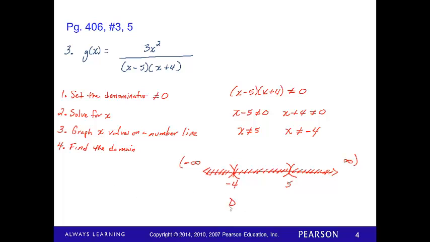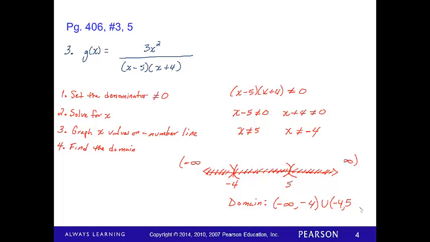Which means the domain of this function, if we start at the far left, is negative infinity, comma, and we travel all the way to negative 4, parenthesis. You reach a break, so you put a U for union, and then you go from negative 4 and keep traveling till you hit the 5.